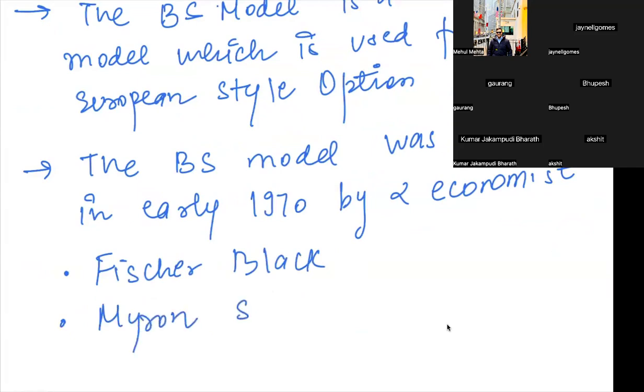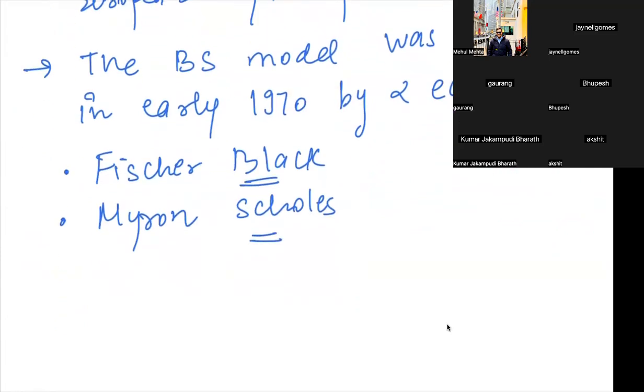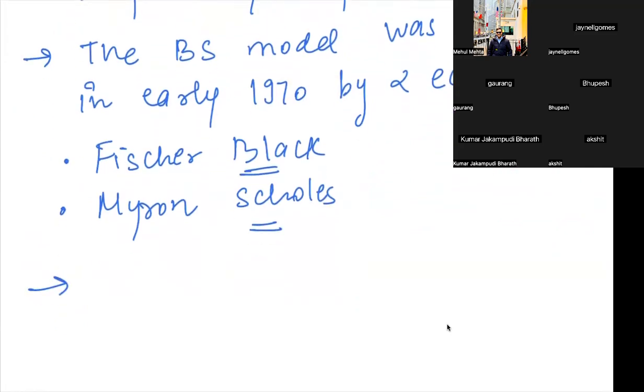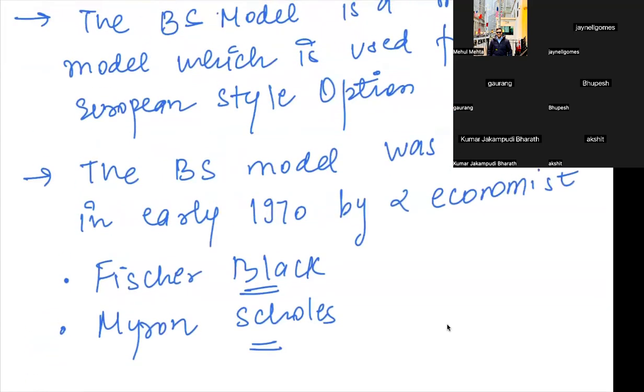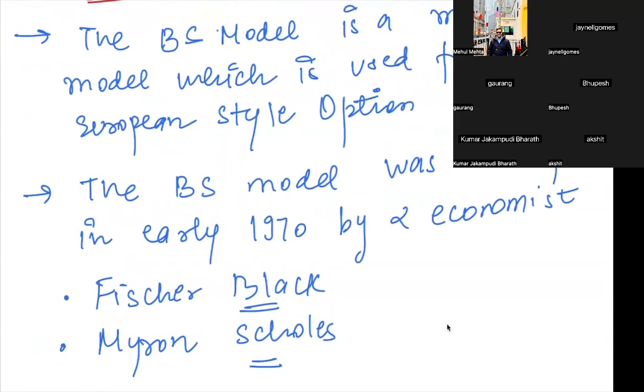And that's why we refer to this as Black-Scholes model. So basically a Black-Scholes model is nothing but a mathematical model which is used for pricing European style option.